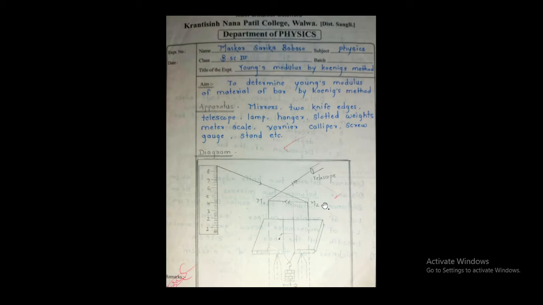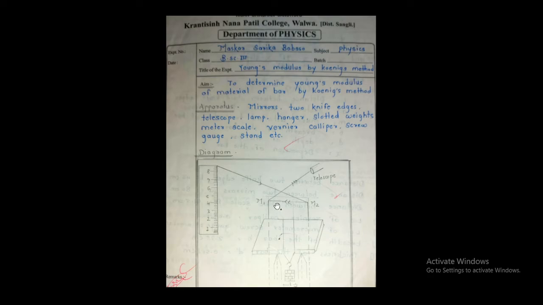On the horizontal bar, we have to mount these two mirrors, M1 and M2. Now what do we do further? We have to see the vertical scale in this mirror with the naked eye, and then adjust this mirror, the first mirror, along with this scale.